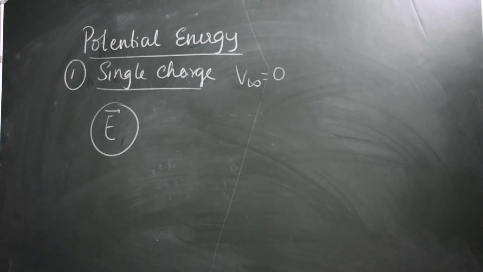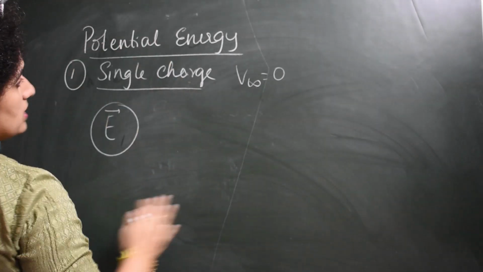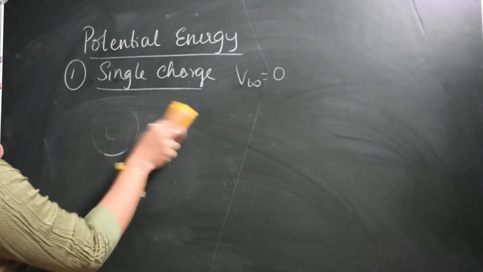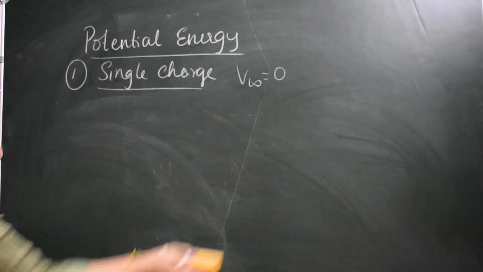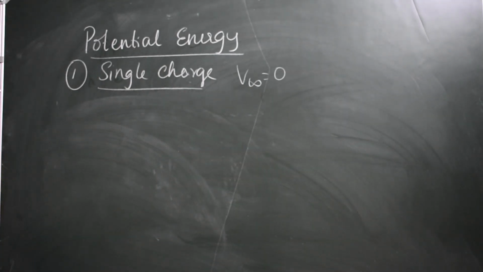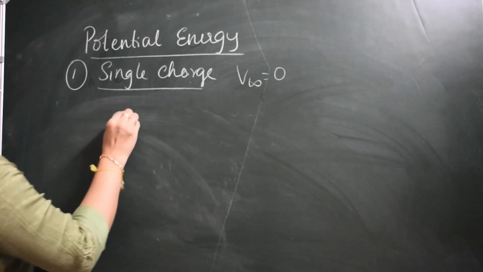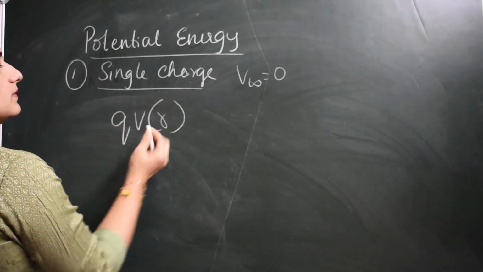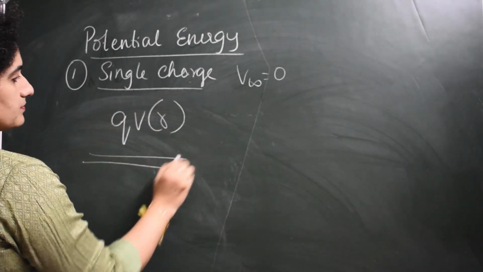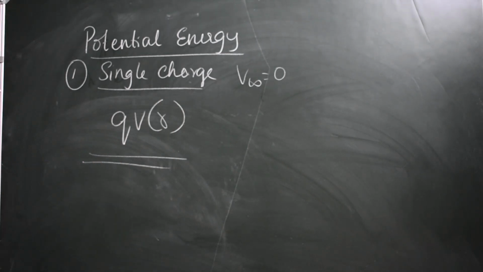So this external electric field E will have its own range, correct? So when you bring the charge from infinity to this place where you have the external electric field, the potential energy of that system is represented as Q into V of R. Okay, this is how the equation is.